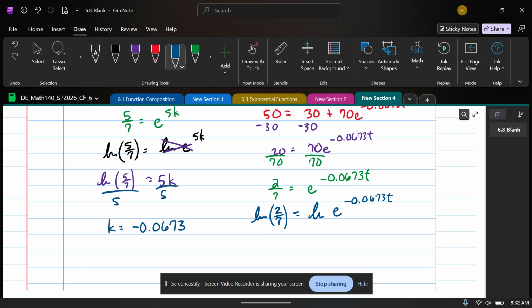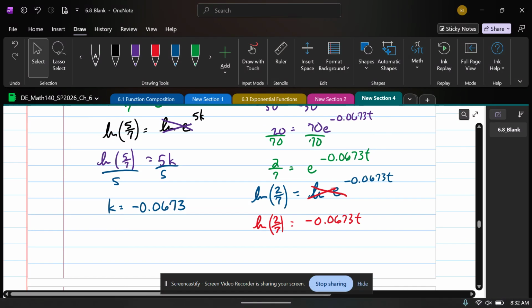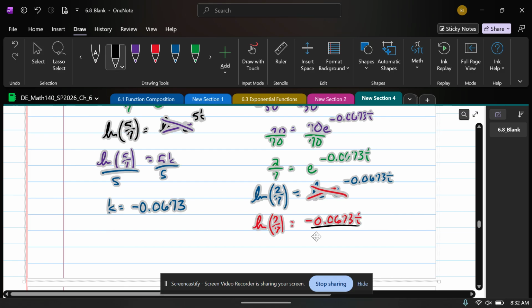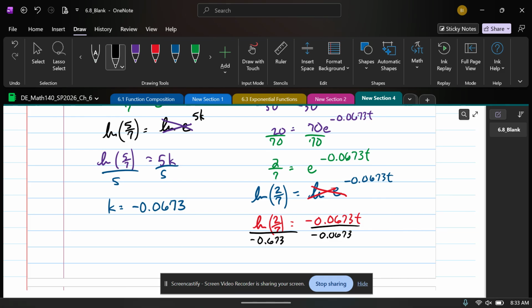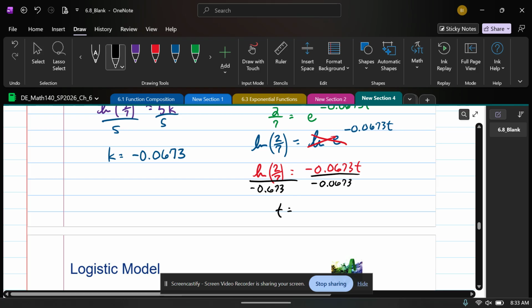That's going to cancel out our natural log and e there. So we get the natural log of 2/7 equals negative 0.0673 t. Now all I got to do is divide by that negative 0.0673. And then that's going to get us our time.